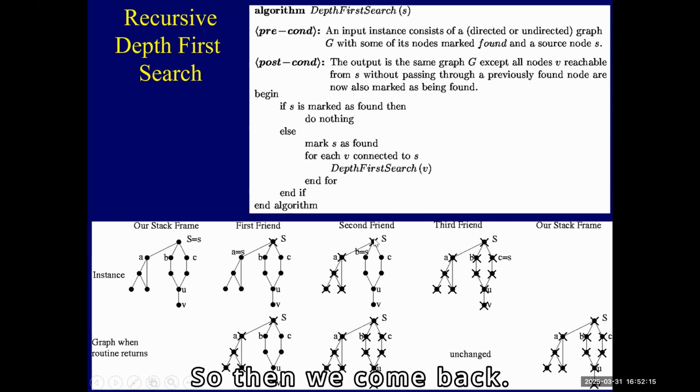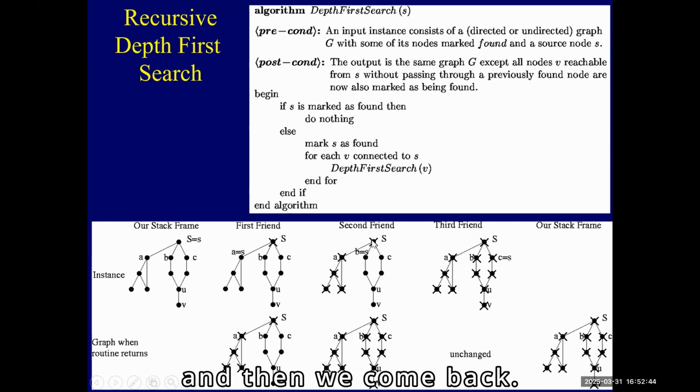So then we come back. Now it's me again. I'm at S, and all of those have been marked. And now I come down to B, and my friend recurses from B. And what does my friend do? Puts breadcrumbs on everything reachable. So all these guys get breadcrumbs.